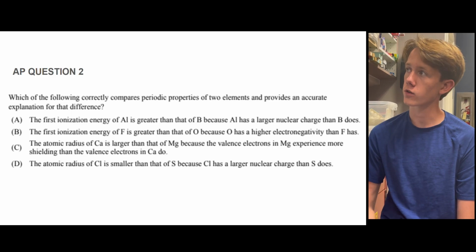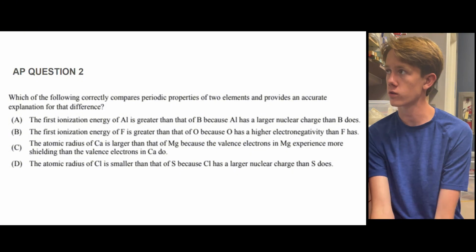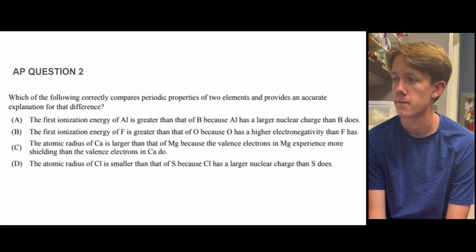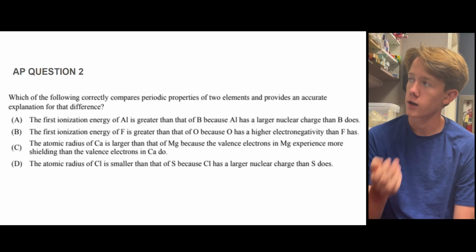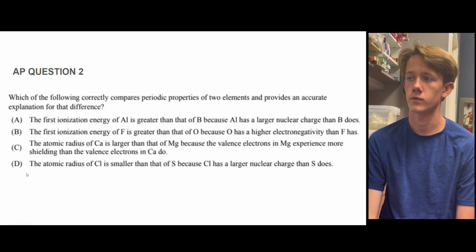So you have two whole new electron rings around it. Therefore, calcium experiences more electron shielding. That leaves us with D.